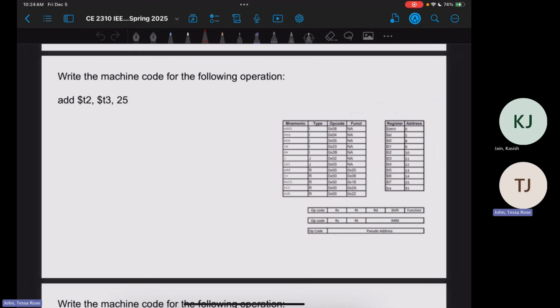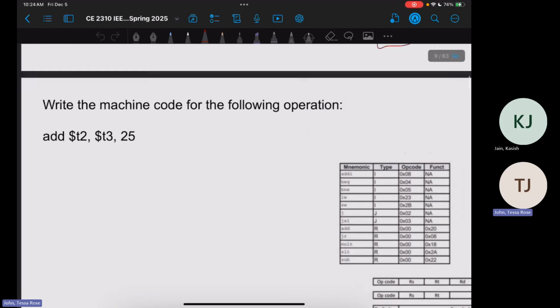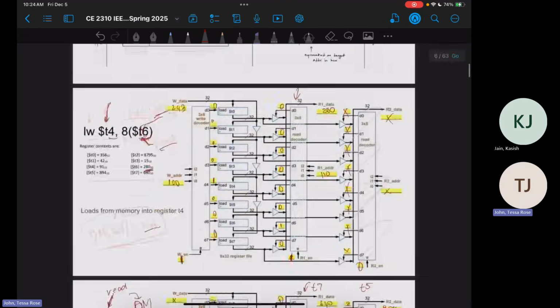Wait, let me pull up mine. Okay, so this one, if you remember, the add is an R type.